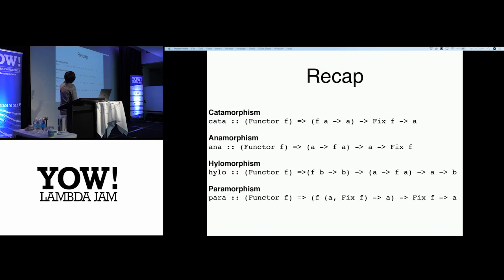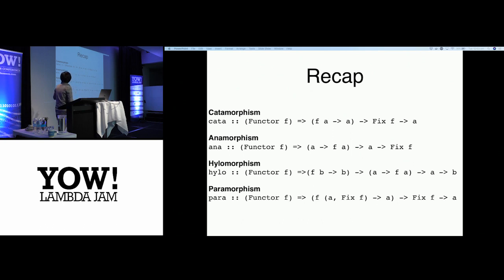The first is catamorphism, the most basic one. And then anamorphism, which is the reverse of catamorphism. Hylomorphism is the combination of anamorphism followed by catamorphism.